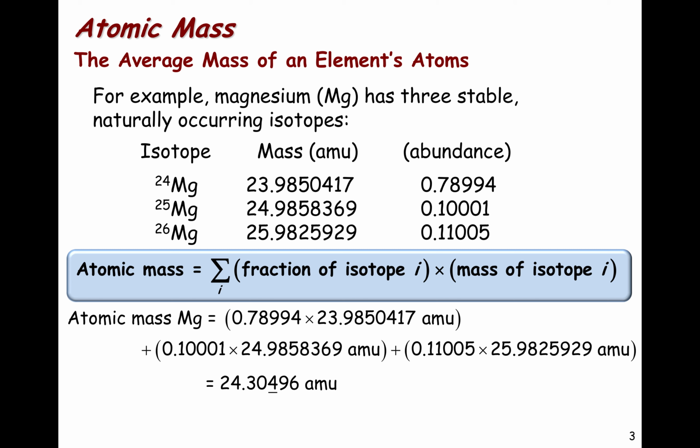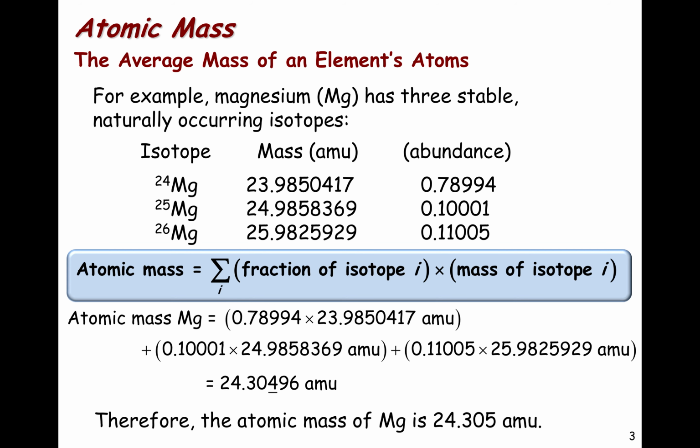So hence we've underlined the 4, and since the next insignificant digit is a 9, we would need to round that up. So the average atomic mass of magnesium is 24.305. And in fact, if you go and take a look at a periodic table, that's what you would find under the atomic symbol for magnesium.